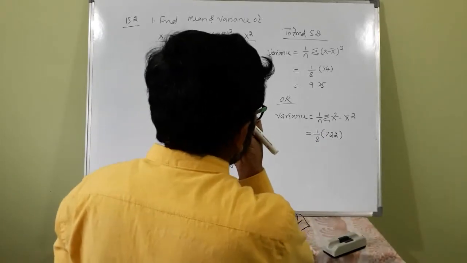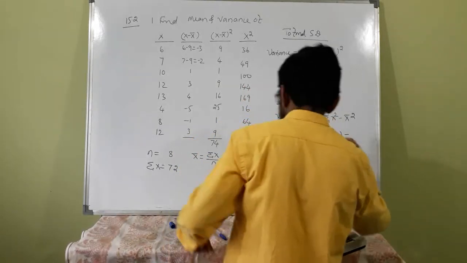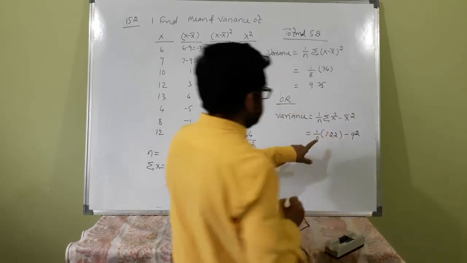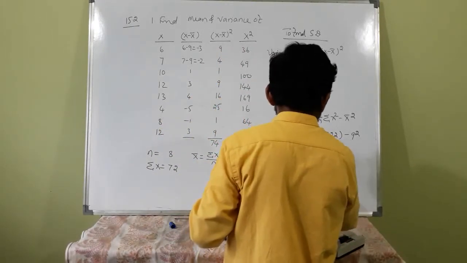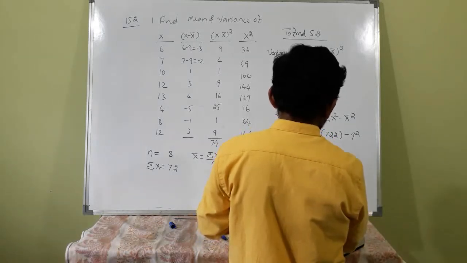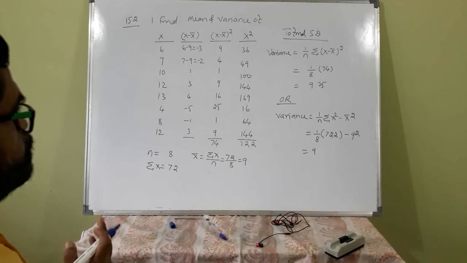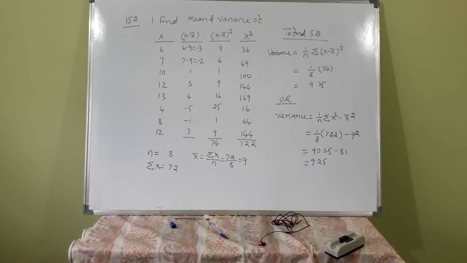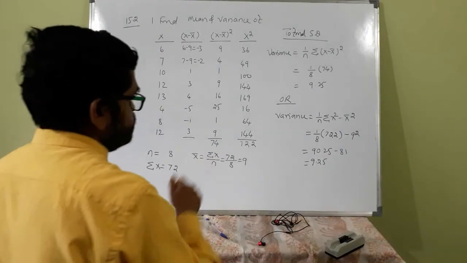Okay, 722, this is minus, this is 9 square. 722 means 8, how much it is? 8 9s are 72. So 90.25 minus 81 is 9.25.